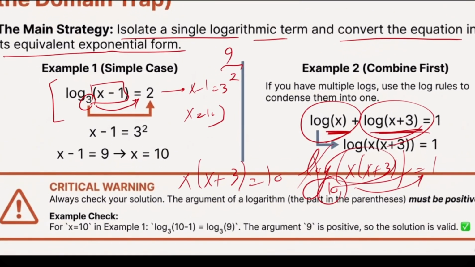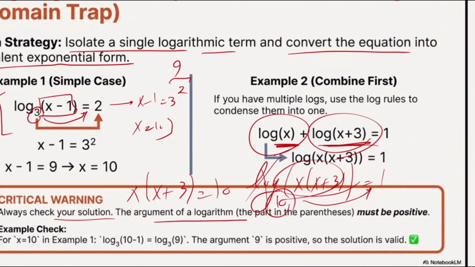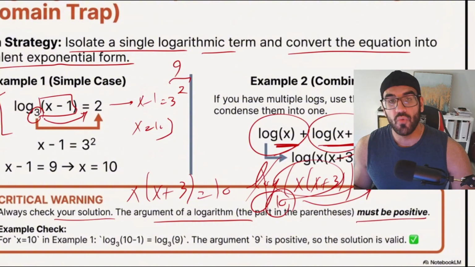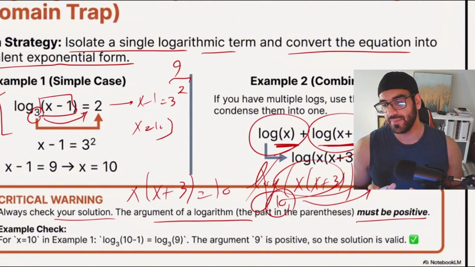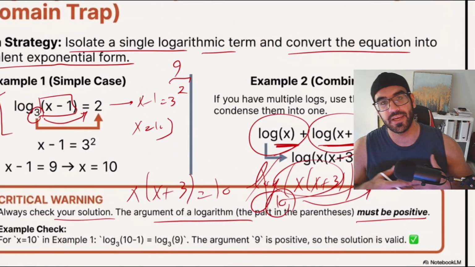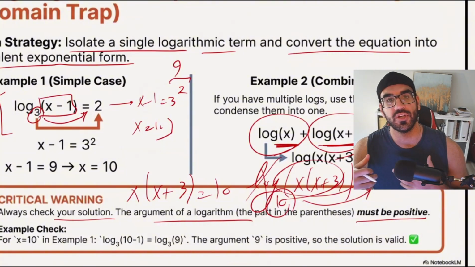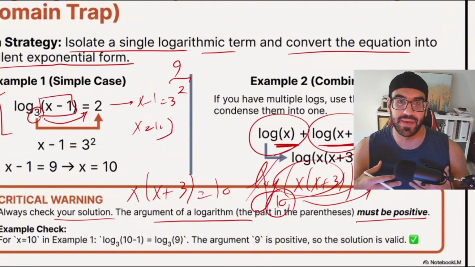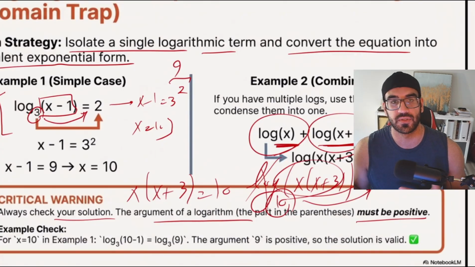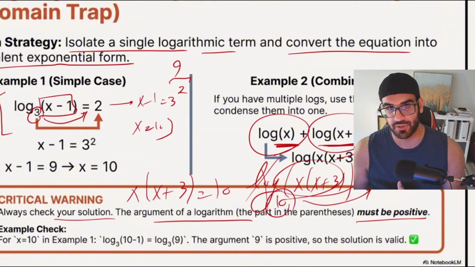The critical warning is that all the time you have to check your solution, because the argument of a logarithm should be positive. What does that mean? Whenever we're talking about the logarithmic function, as you remember from the previous slide, whenever I have the log of a number with some base equal to something else, I can convert it back to the exponential function.